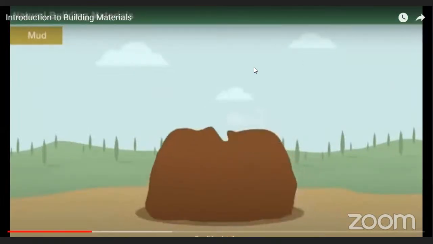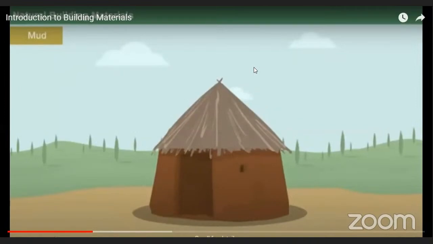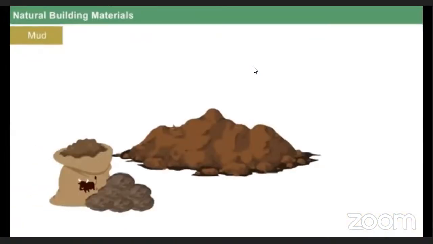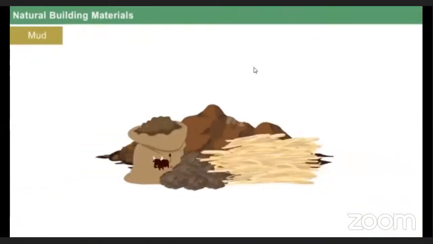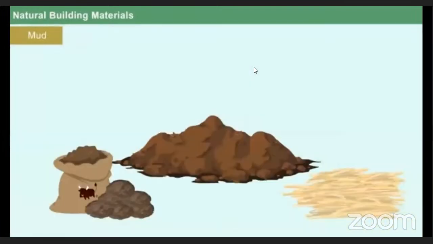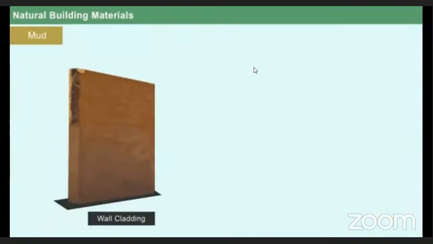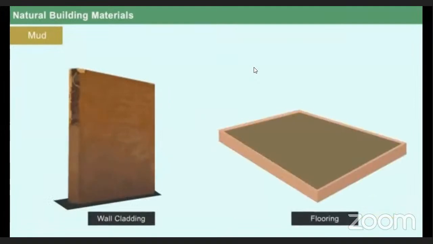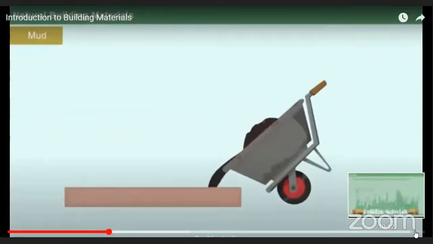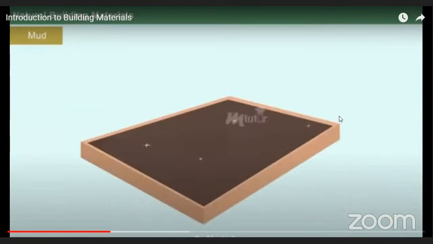Mud. In the early stages, when people started to build houses, mud was one of the first materials they preferred. People used the mud along with cow dung and chopped straw to build the walls of their houses. Still, this concept of construction is used in the wall cladding and flooring of modern construction. Moreover, the combination of mud and cement provides excellent durability to the finishing surface.